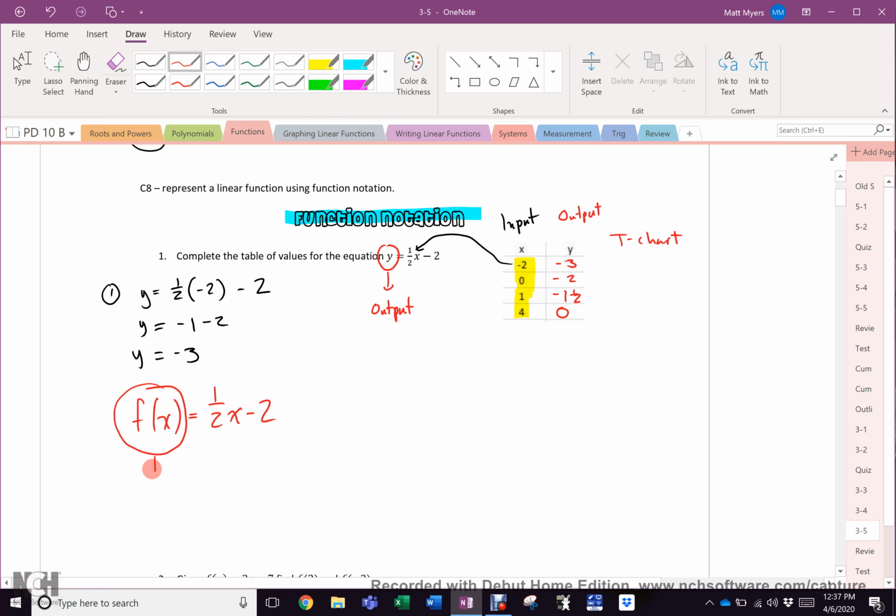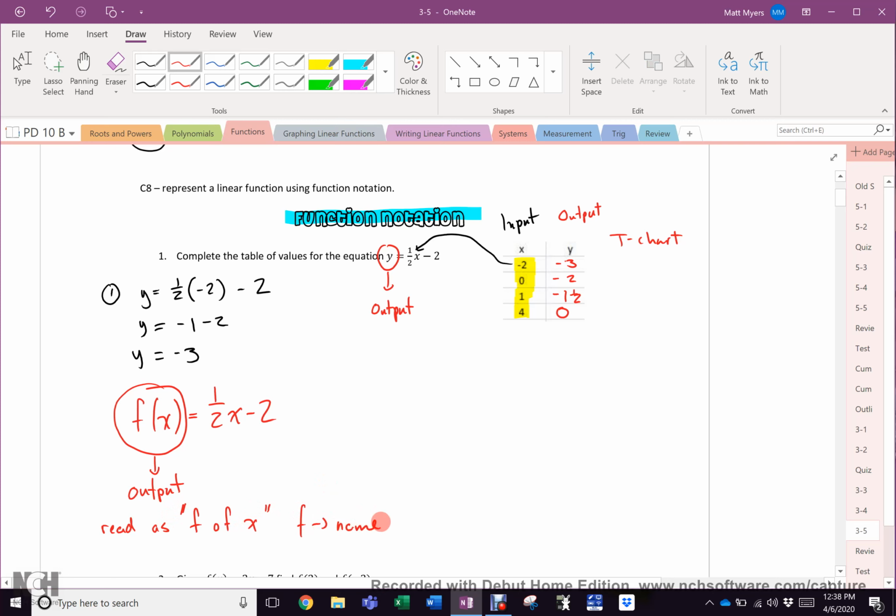This is your output. And we read that as f of x. The f is the name.